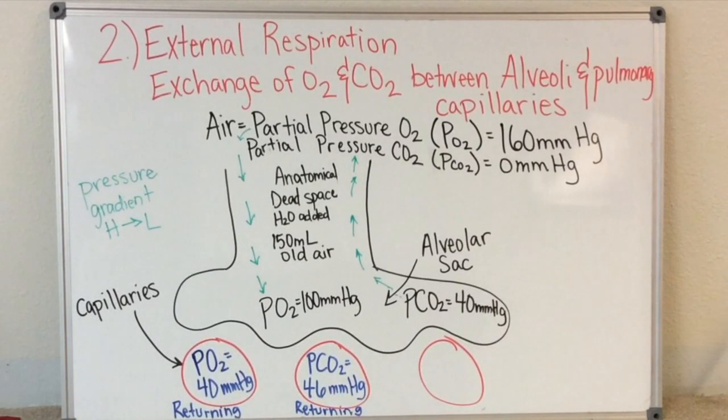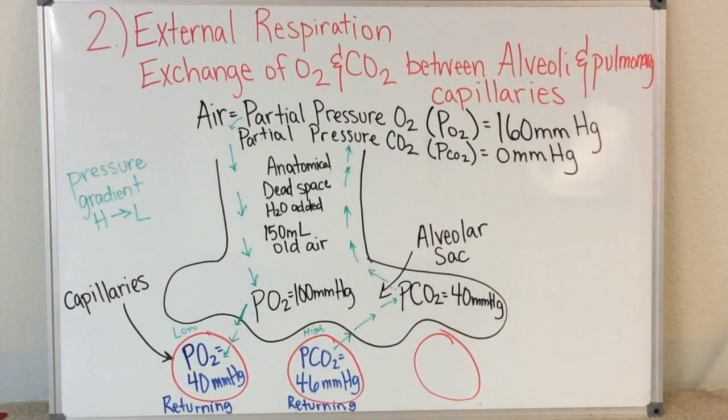The blood returning from the systemic system has a partial pressure of oxygen of approximately 40 millimeters of mercury during resting conditions. It also has a partial pressure of carbon dioxide of 46. We will diffuse from high to low. We will see the following occur at the alveoli.